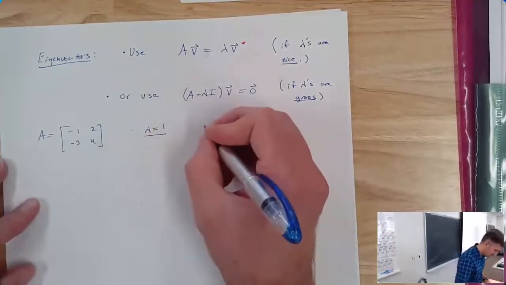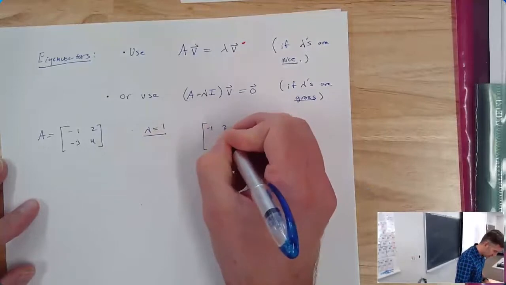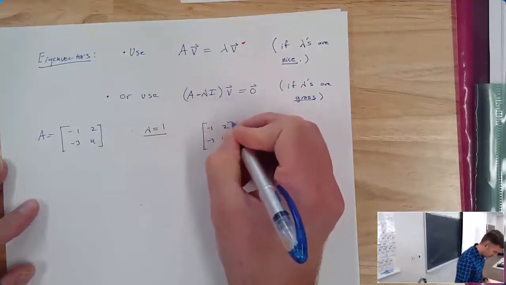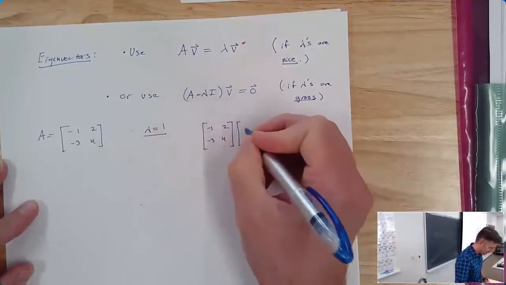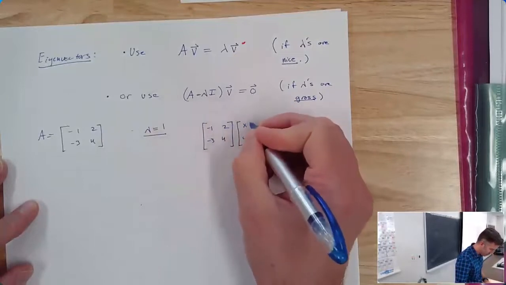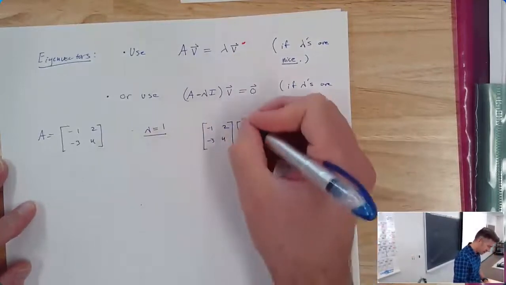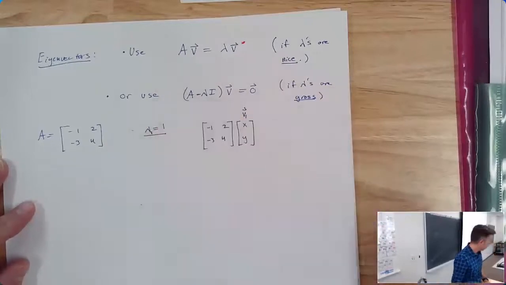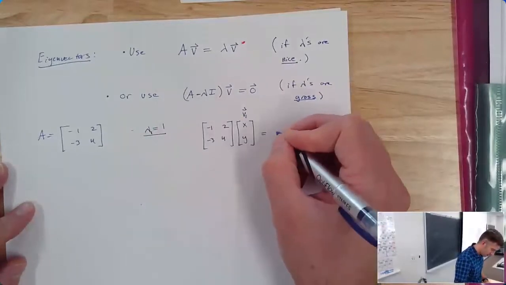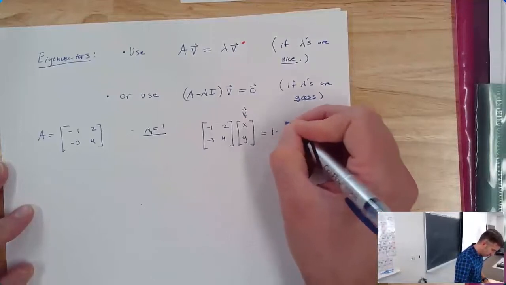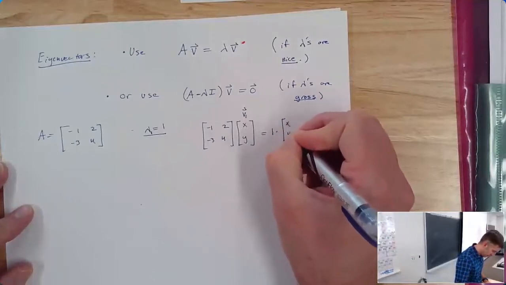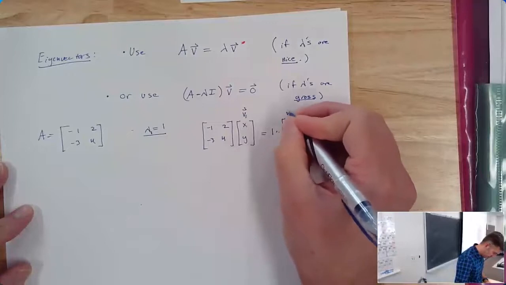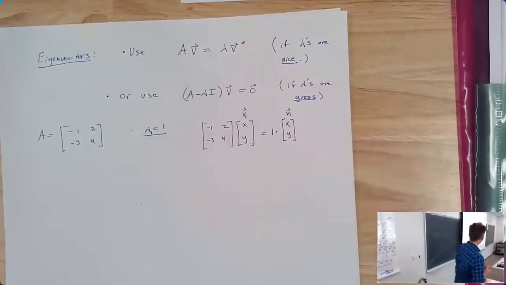So I'm going to write my matrix A, -1, 2, -3, 4. We typically write the eigenvector as having components x and y. I'm going to call this eigenvector v sub 1. This eigenvalue is lambda sub 1. And it's equal to my eigenvalue times the same eigenvector. And our job is to figure out x and y that make this work.